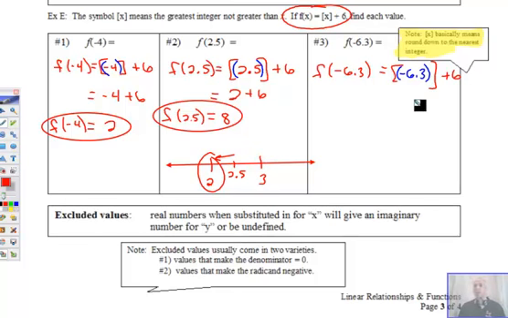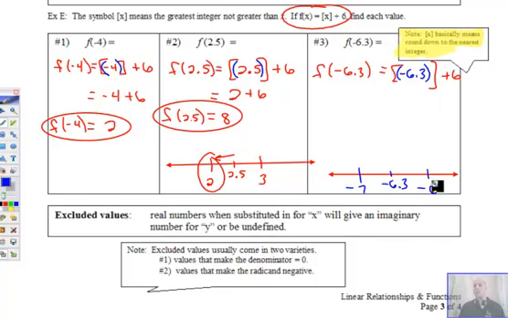What's the greatest integer not greater than -6.3? Most people would say, well, it's easy, it's -6. It's not. But on the number line, this becomes very clear. So we got -6.3 on a number line. What's to the left of that is negative 7. What's to the right of that is negative 6.